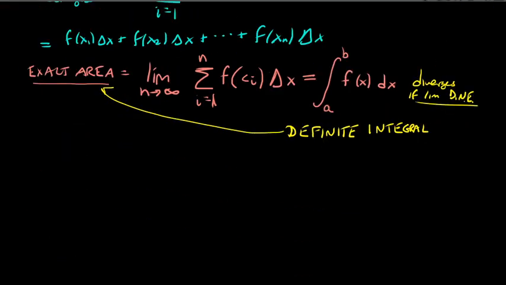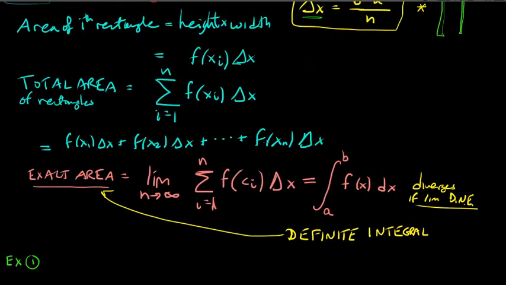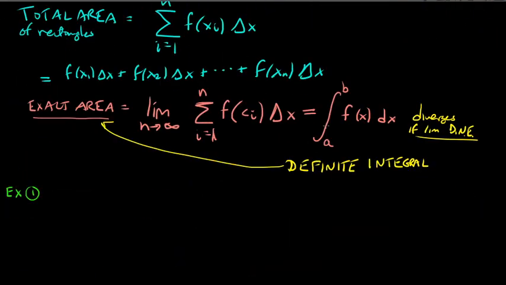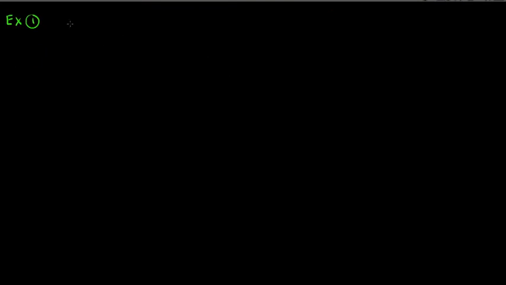Okay, so let's do an example so hopefully this becomes clear now. I think this is our first actual example. This is all just the setup and the formulas, if you will. But we should be able to do an example here.